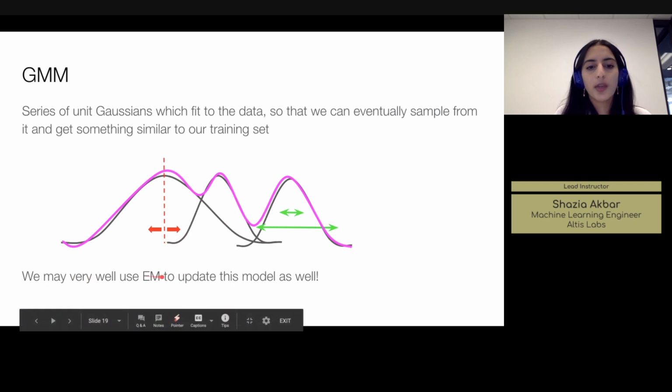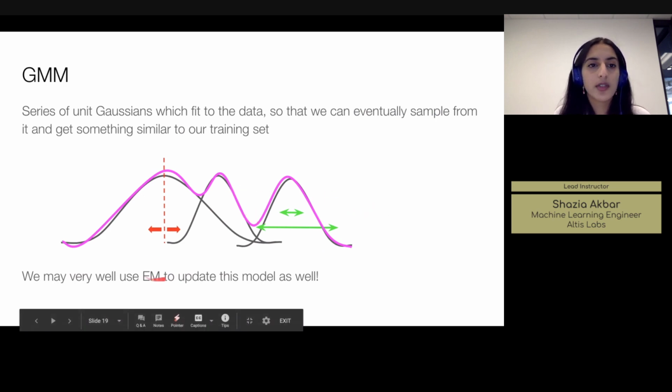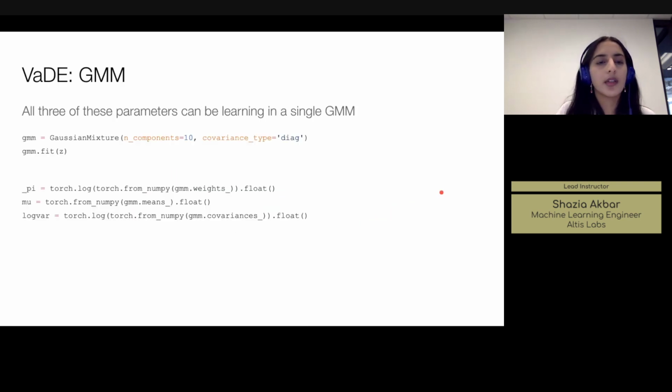I also should mention that we may use EM to update this model, because EM also works on unit Gaussians. EM is often used to do this optimization process as well, to update the model. So in PyTorch, learning that is very, very simple.